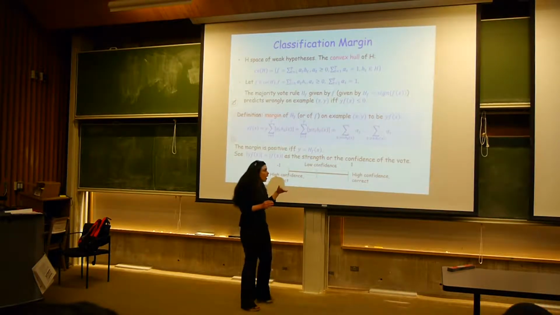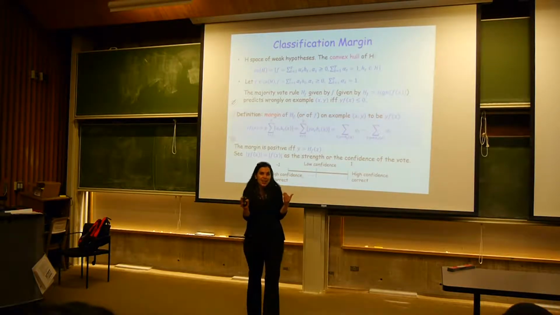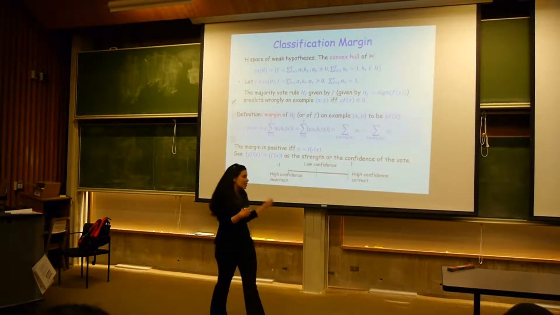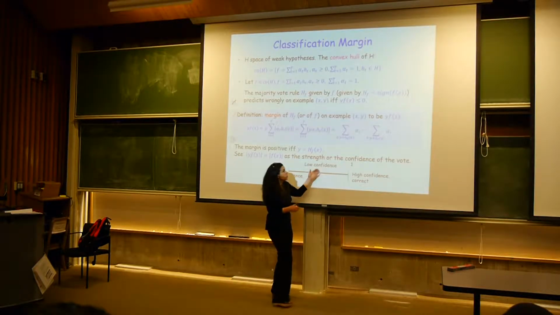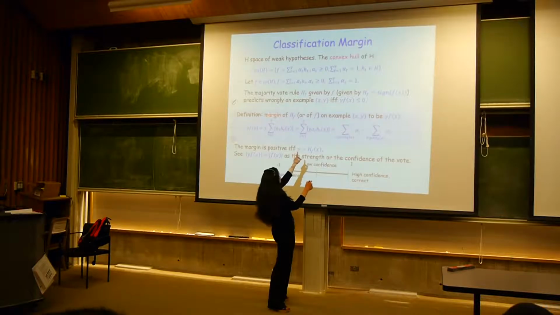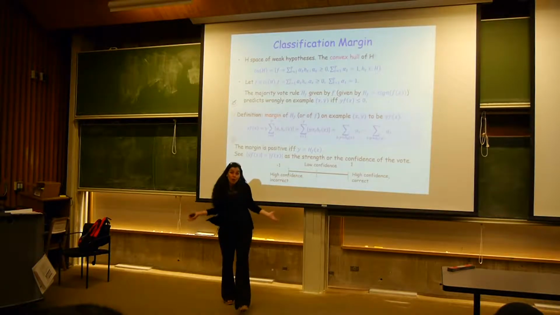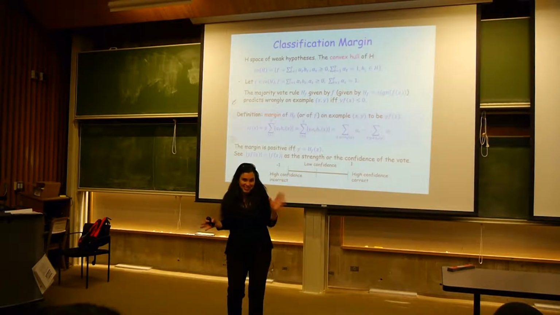If it's 1, that means my classifier has high confidence and it's entirely correct. If it's 0, it means it has very low confidence. So this sum here that I threshold to get plus 1 or -1 is close to 0, so I'm not confident. If it's -1, that means I have high confidence, but I'm highly incorrect too.